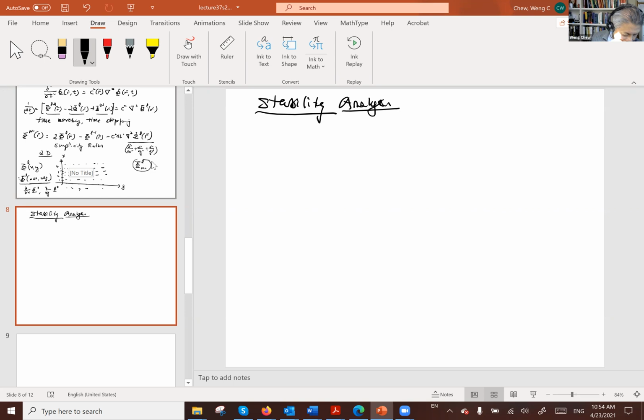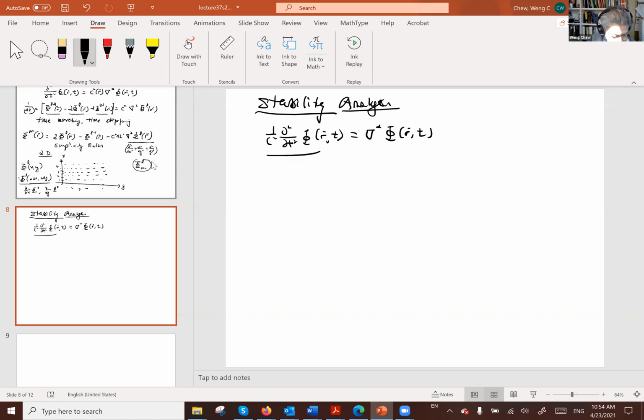So what I have is that given this wave equation that I have, let me write it down. The second time derivative of phi is equal to the Laplacian of phi, then I can use finite difference approximation to the left-hand side.